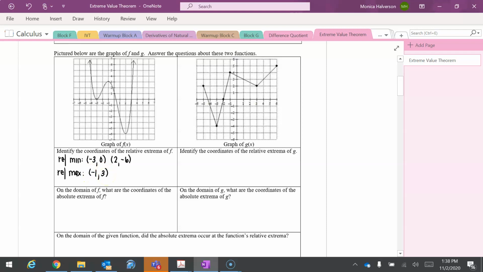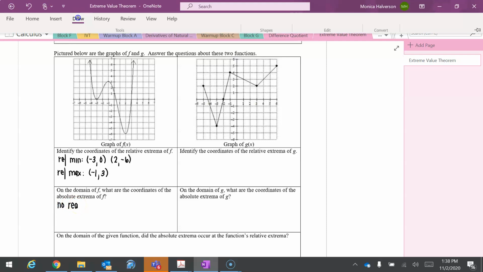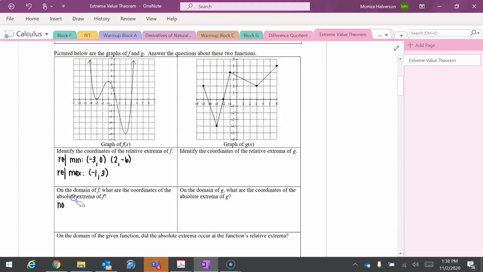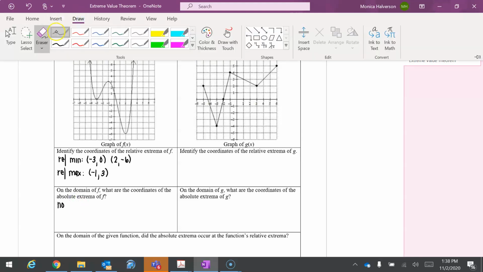Okay? Now, on the domain of f, what are the coordinates of the absolute extrema? So what's the highest defined point and what's the lowest defined point? Well, there's no absolute max, and that's because there's no highest defined point. The graph goes on forever. So there is no absolute max.